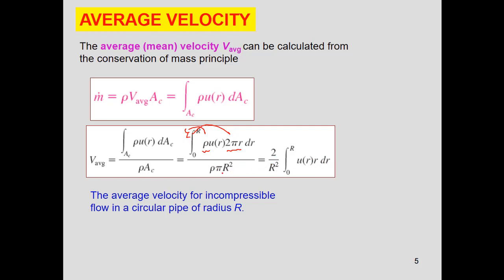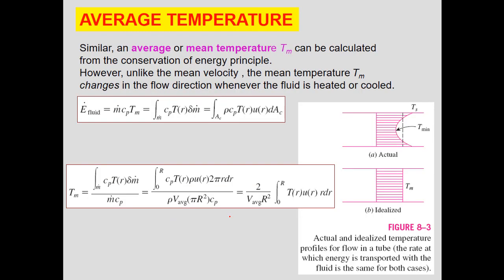We have in this part only r square and 2, and we have this equation to calculate V average. This is the average velocity for incompressible flow in a circular pipe with radius of uppercase R. That was the average velocity. We have the same procedure to calculate the average temperature.